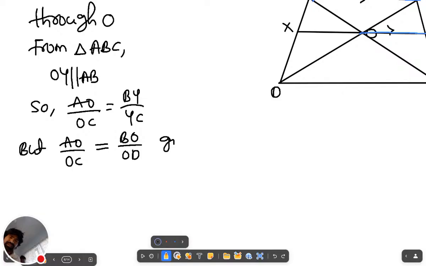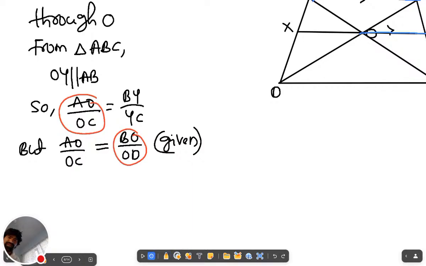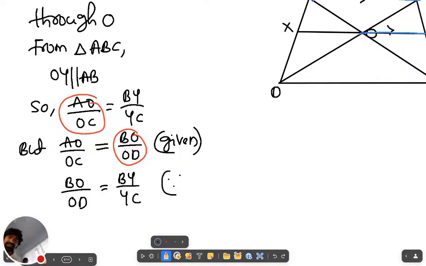So now you can replace AO by OC with BO by OD here. So you can write BO by OD is equal to BY by YC.